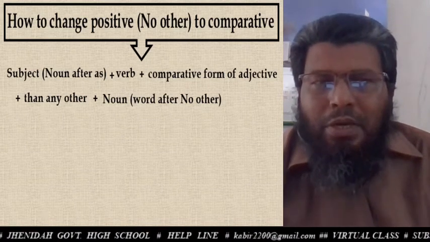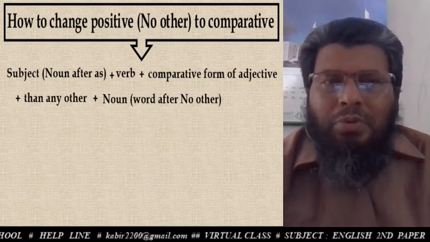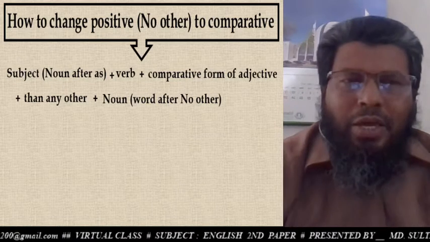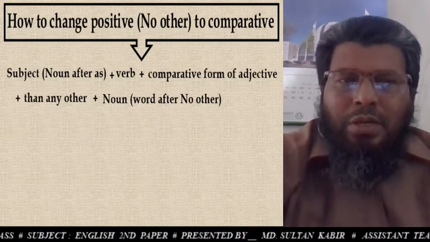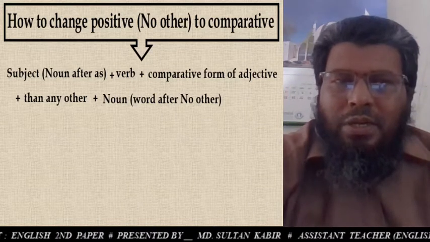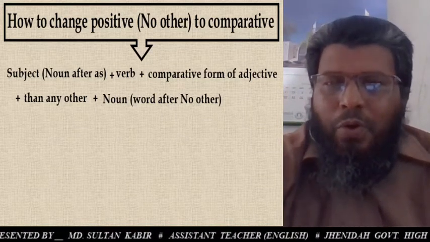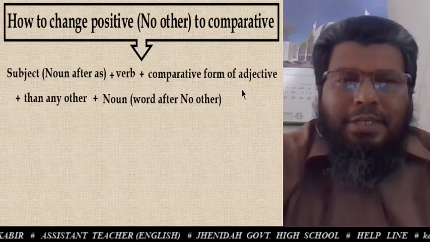That means in a positive degree, on both sides of the adjective there may be as. So at the last as there is a noun, so we will use the last noun, that means the noun after as, as a subject, then the verb. Okay, and after the verb, the comparative form of the adjective.